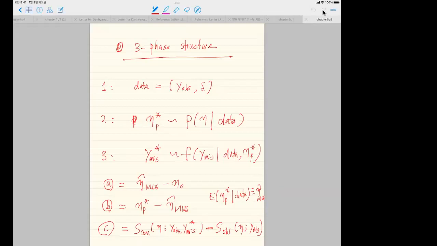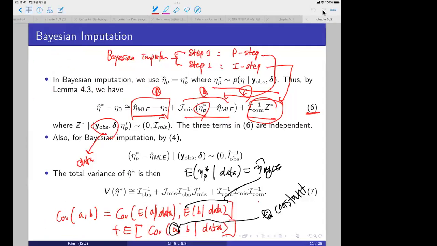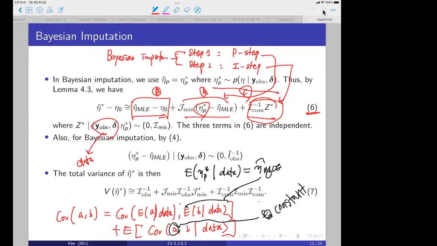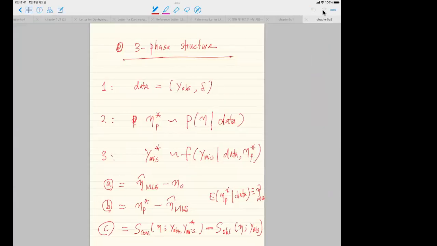That's a good point. In that sense, we don't really know the MLE on the complete sample, but we only know the MLE on the observed data.